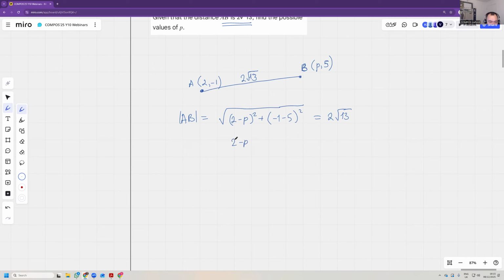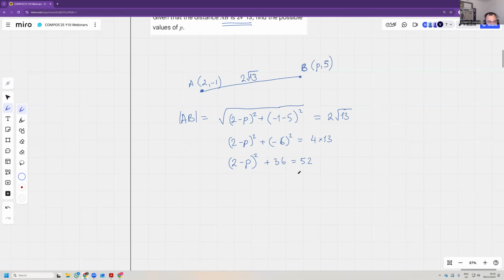I get (2 minus p) squared plus (-1 minus 5), that's -6, squared, is 4 multiplied by 13, so that's 52. Now, you might be tempted to open the brackets. Let's hold that thought. Don't open brackets until you realize that it is necessary. There's no other way you can do it.